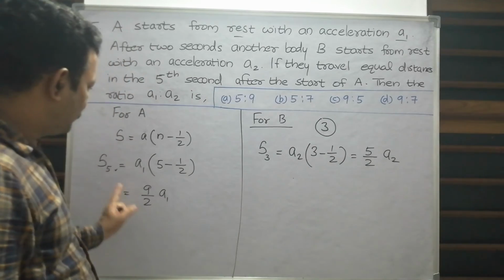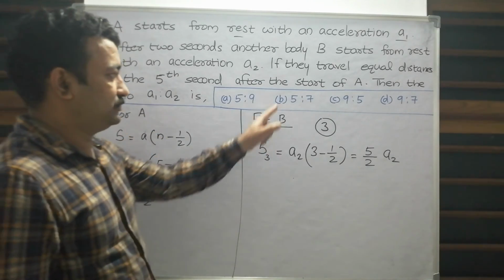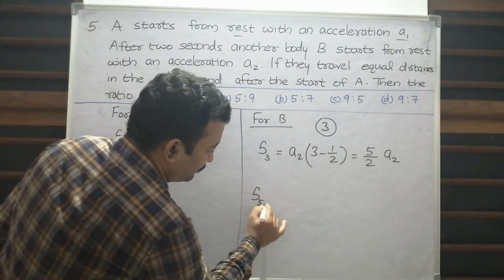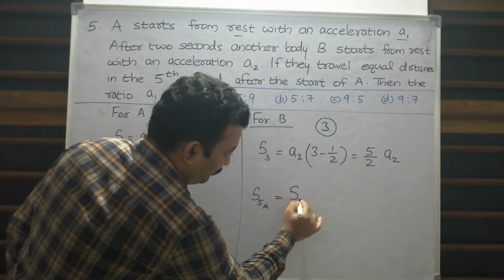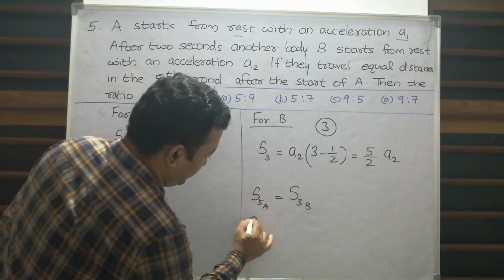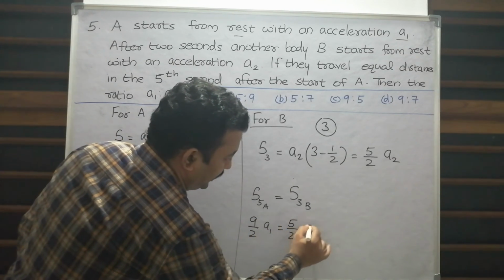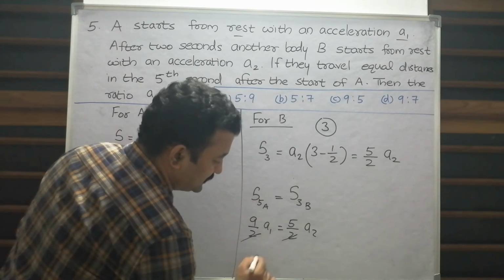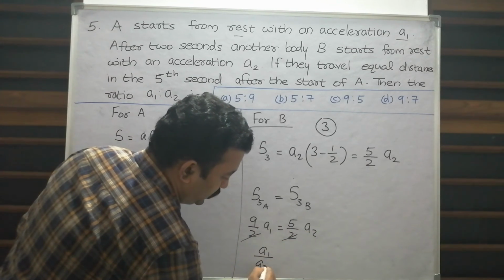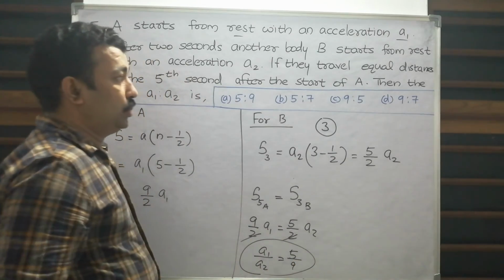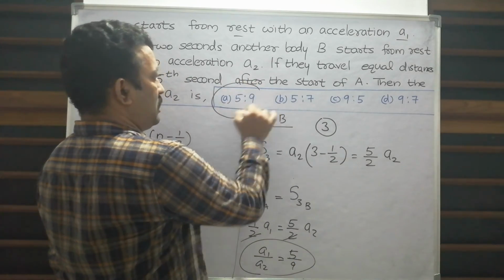That means S5 of A is equal to S3 of B. So we can equate that. S5 of A is equal to S3 of B. That is 9 by 2 A1 is equal to 5 by 2 A2. 2 cancels. A1 by A2 is 5 by 9. Ratio is 5 is to 9.